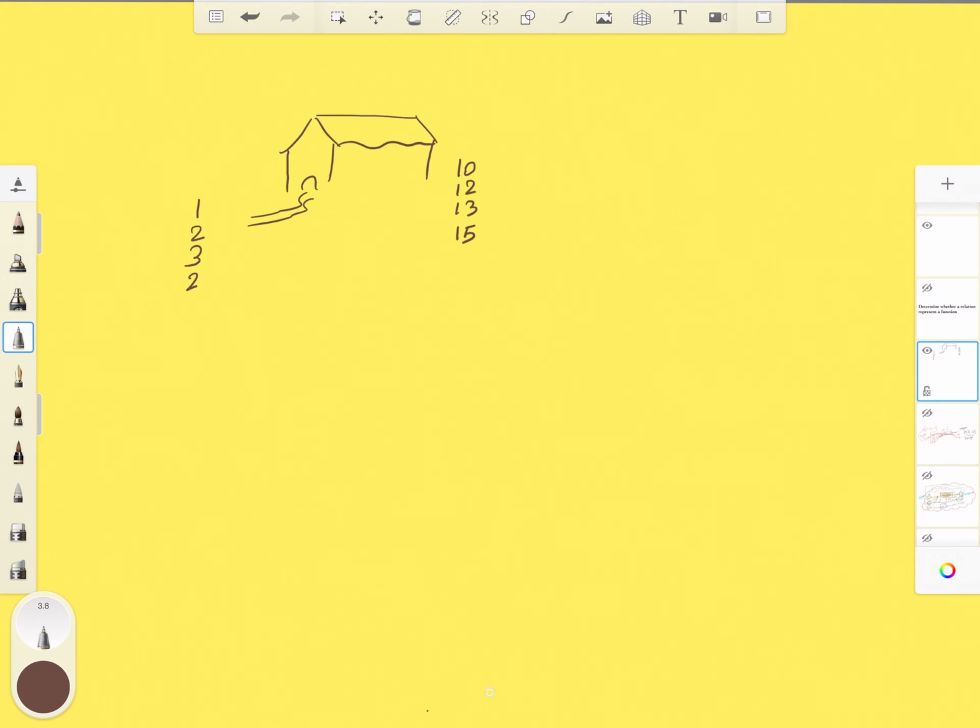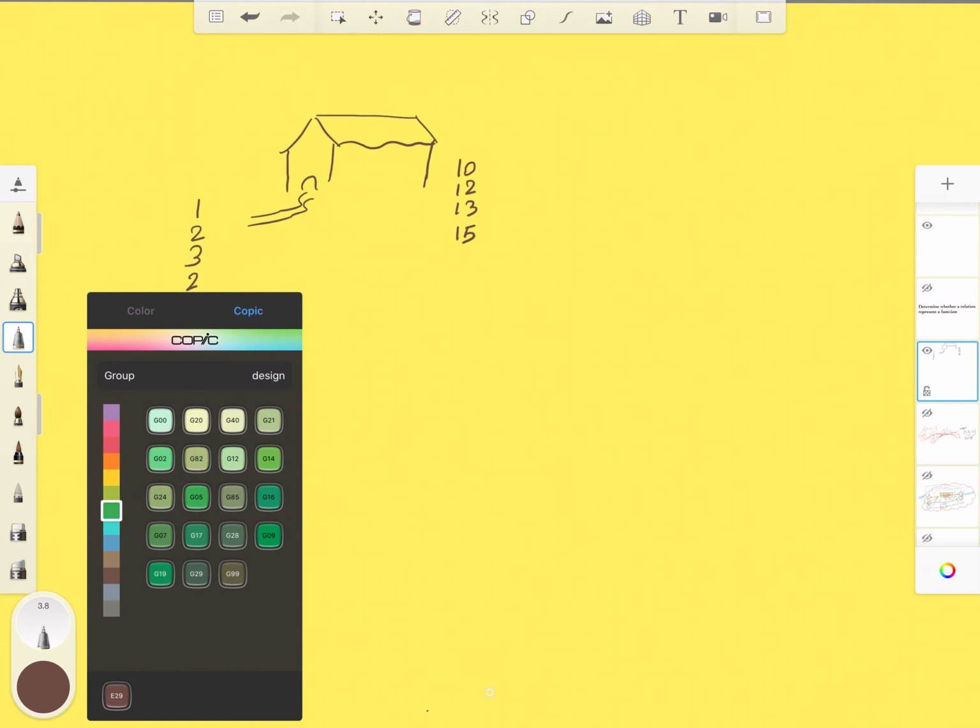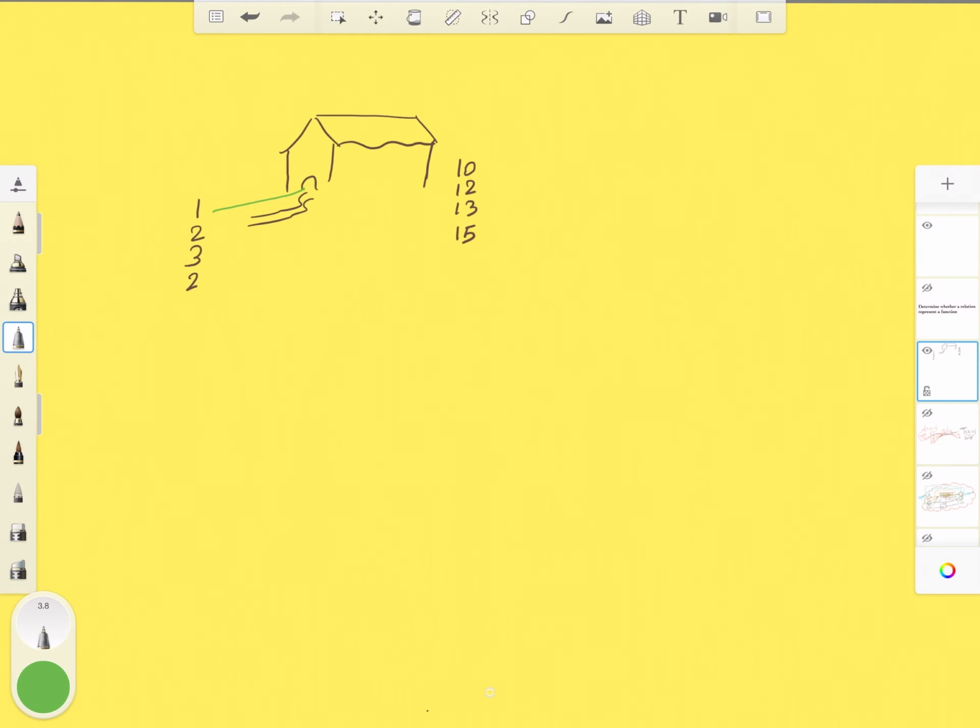So now I'm not going to ask what the domain and range are, or what the input and output are. You can see that 1 went inside and became 10, 2 went inside and became 12, 3 went inside and we got 13, and 2 went inside and we got 15. So now my question is, can I call this factory a function?